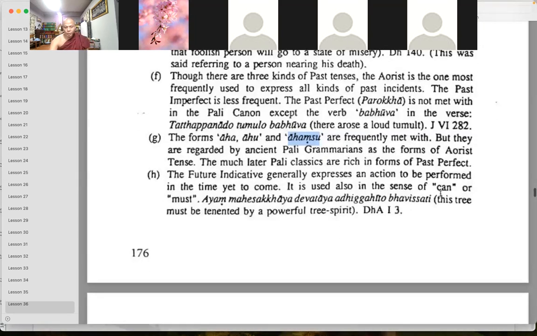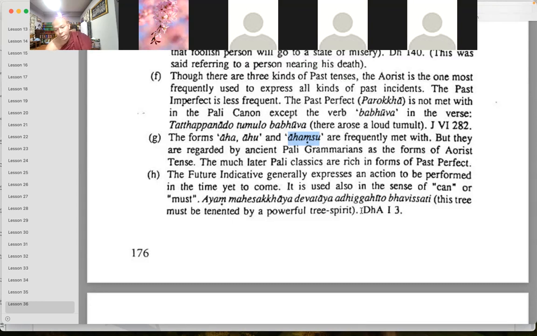So for example, in the sense of "can" or in the sense of "must": "mahisekaya devataya adhigahito bhavissati". So this tree must be occupied by the powerful tree spirit. That is just in the commentary. So this tree must be occupied by the powerful tree spirit.